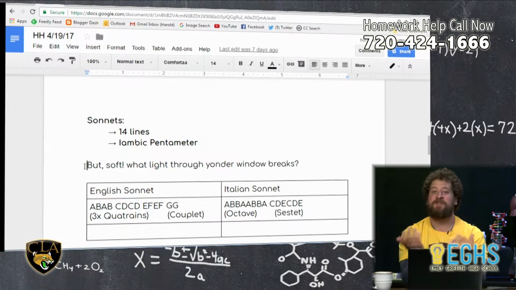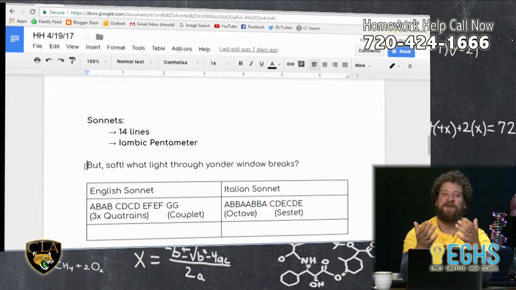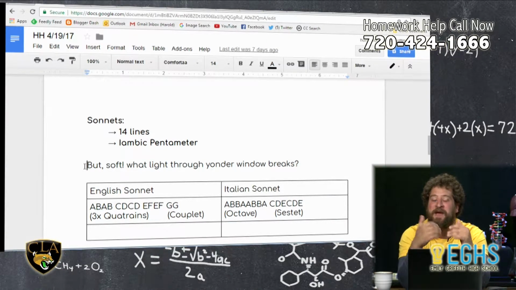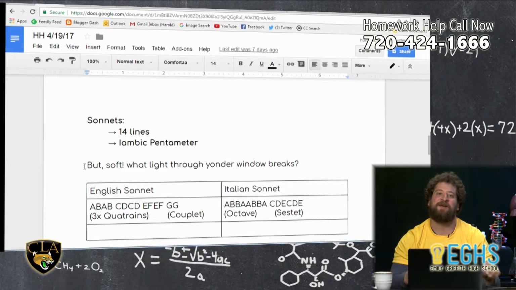So "but soft," two syllables, I put the emphasis on the soft part. "What light": what is the first syllable, light is the second syllable, and I'm putting emphasis on light. Then the second part of this term is pentameter. Penta is a prefix that means five. You may know this from math, where you may work with things like pentagons, which are five-sided polygons.